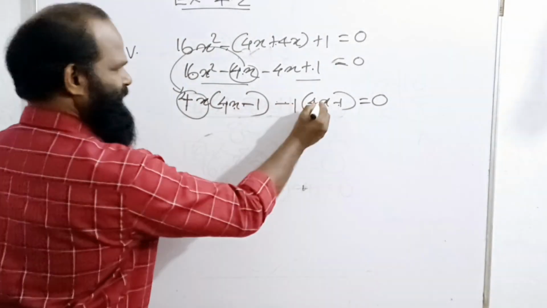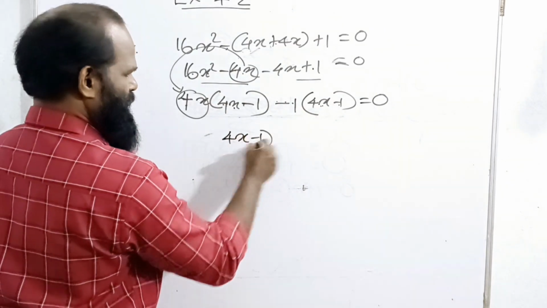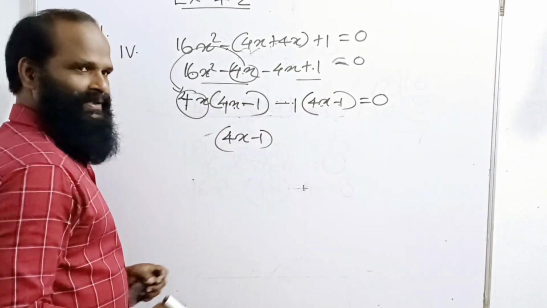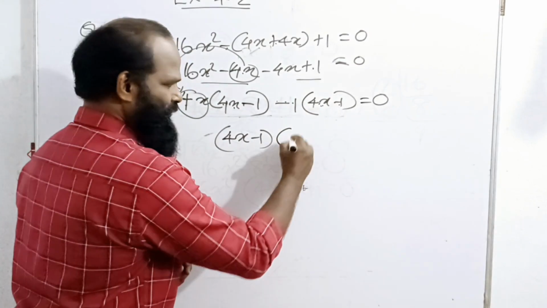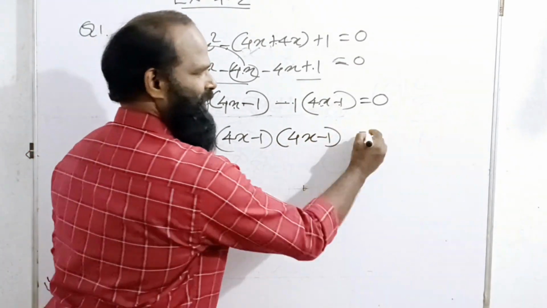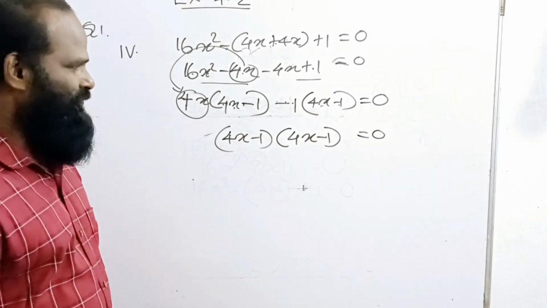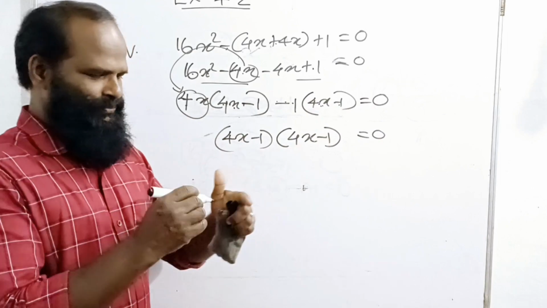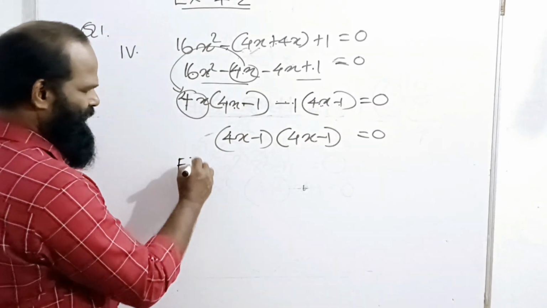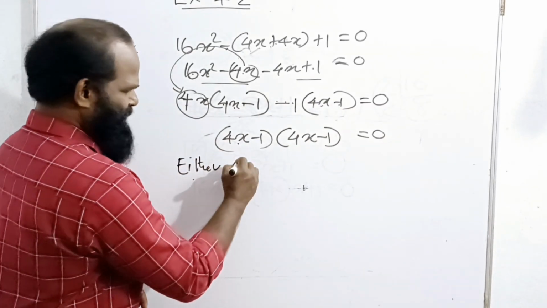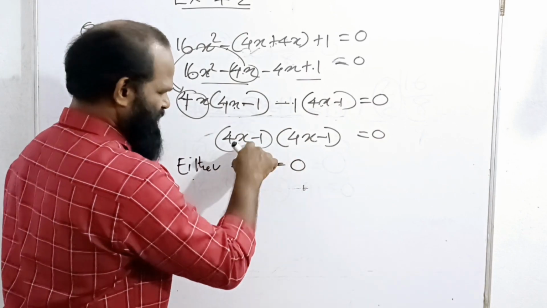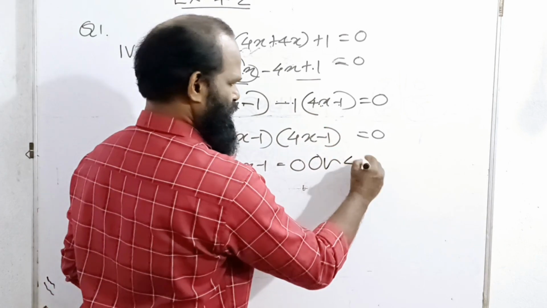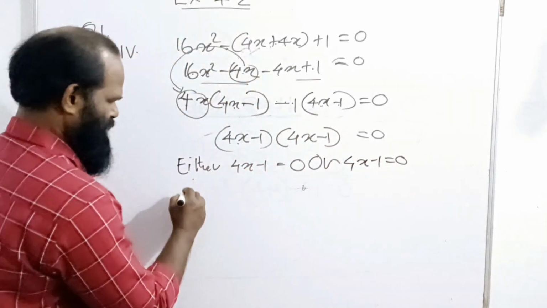Now 4x and 4x we take once. Outside it 4x. Outside this minus 1. Including them we form another binomial. So we get something like this is equal to 0. 4x minus 1 in and 4x minus 1 is equal to 0. Now either this 4x minus 1 is equal to 0, this one is 0, or this one is also 0. 4x minus 1 is equal to 0.